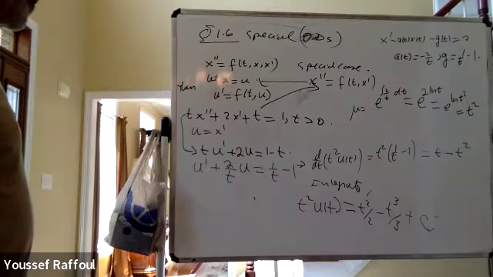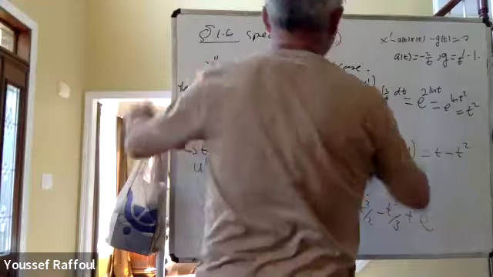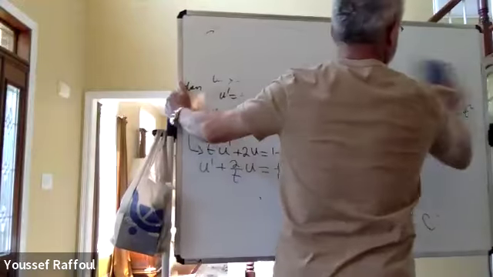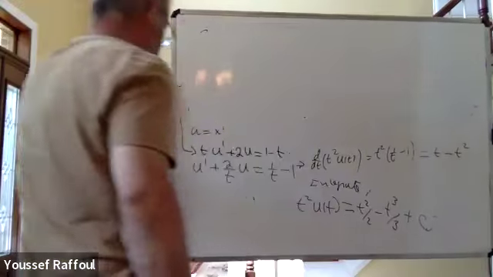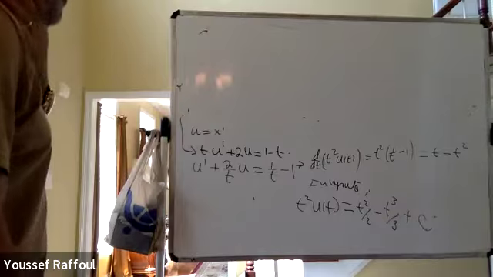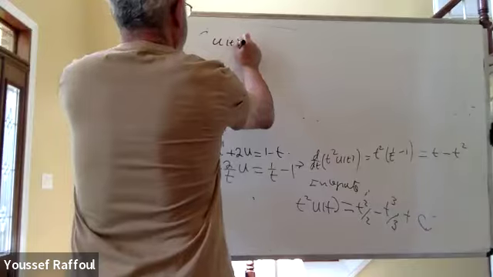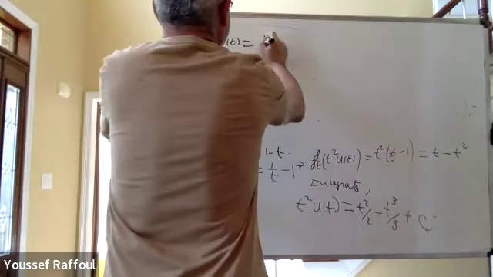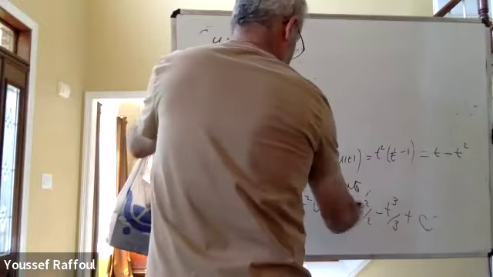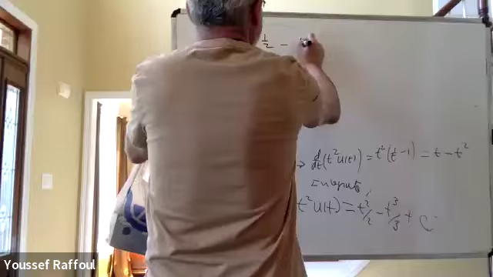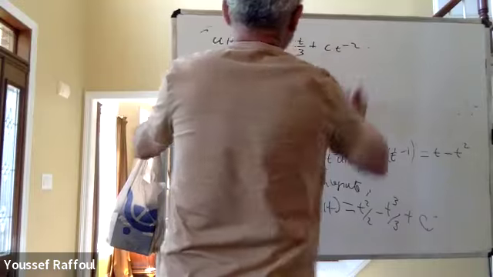Now divide by t squared, and you get u of t equal to 1/2 minus t over 3 plus c t to the minus 2.